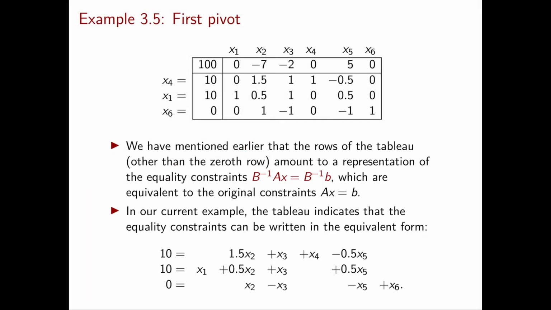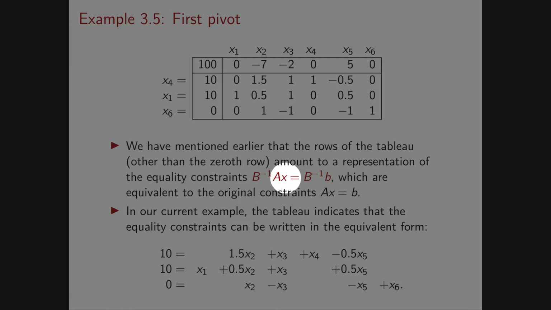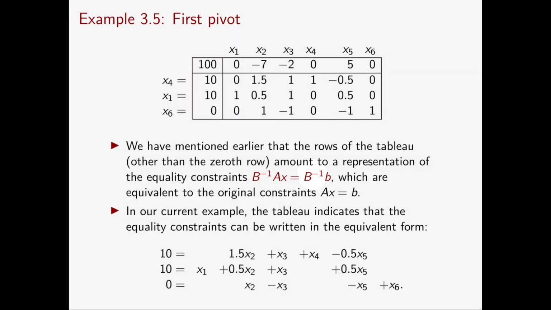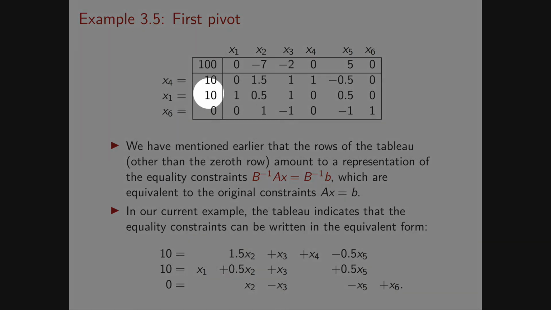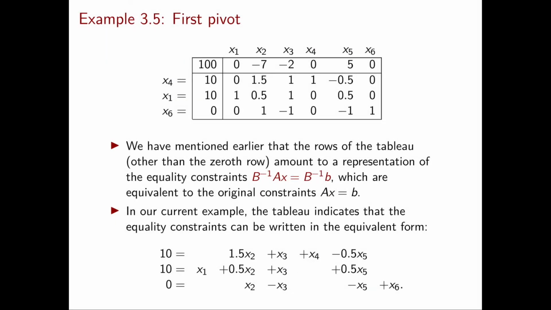From this picture, you can also see that this solution is degenerate because there are 4 active constraints in this vector. Before proceeding with the next pivot, I want to remind you that the tableau is a representation of the equality constraints obtained from the original system by multiplying on the left by B inverse. Now we can use our current tableau to obtain this system of equalities that is equivalent to Ax equal to b.